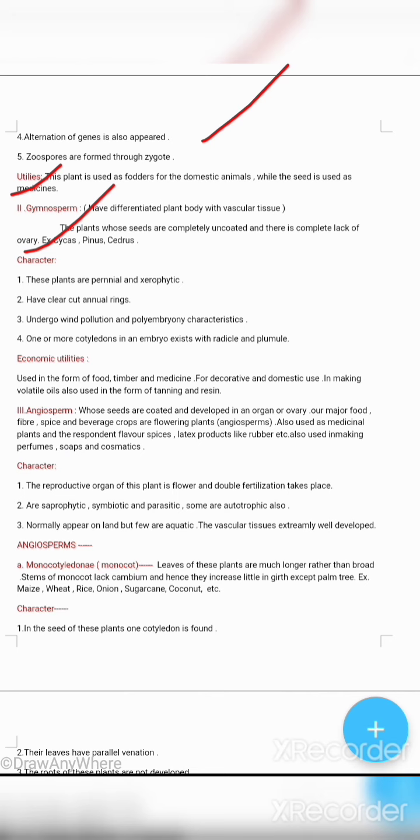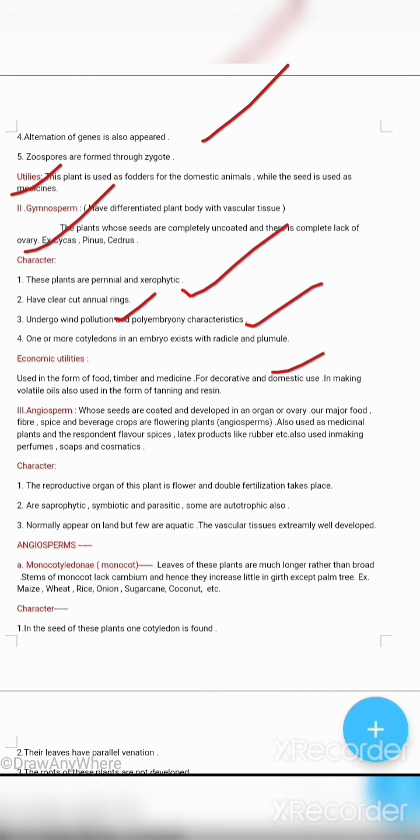Number 1. These plants are perennial and xerophytic, have clear-cut annual rings, undergo wind pollination and have polyembryonic characteristics. Number 4. One or more cotyledons in an embryo exist with radicle and plumule.